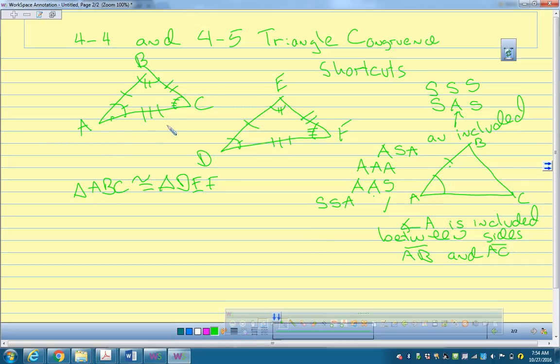So if this side with one mark is congruent to this side with one mark, and this side with two marks is congruent to this side with two marks, and this angle with three marks is congruent to that angle with three marks, that would be a side, side, and an angle. Is this a way to say that everything else has to be congruent? You understand what we're getting at?